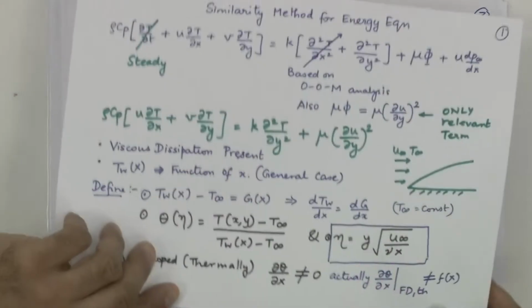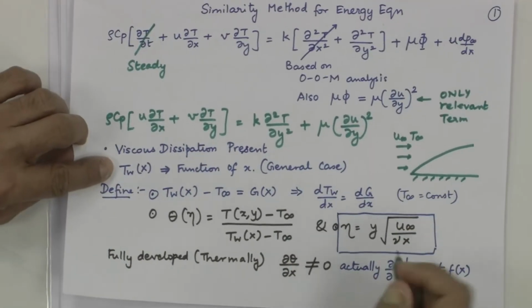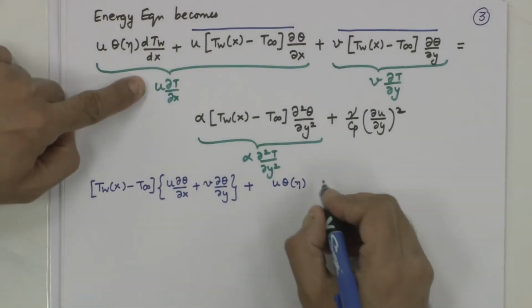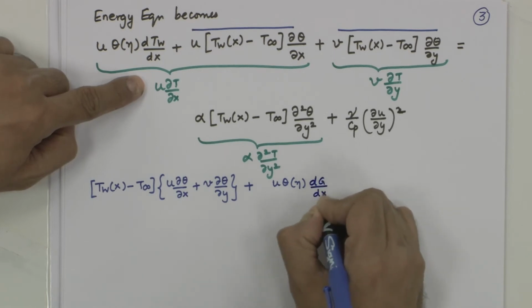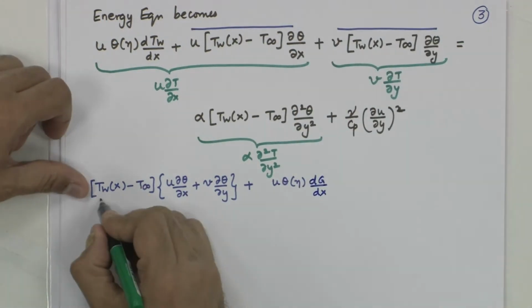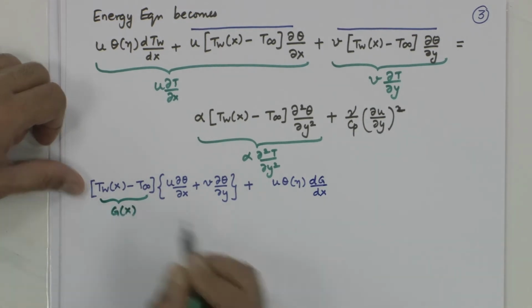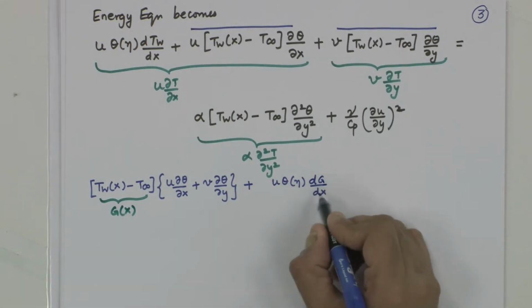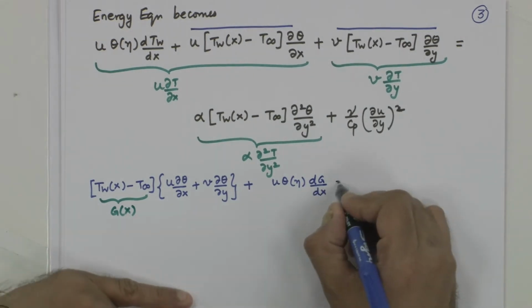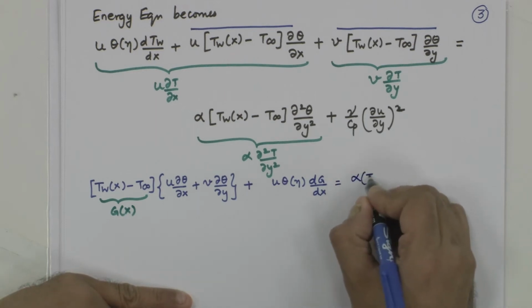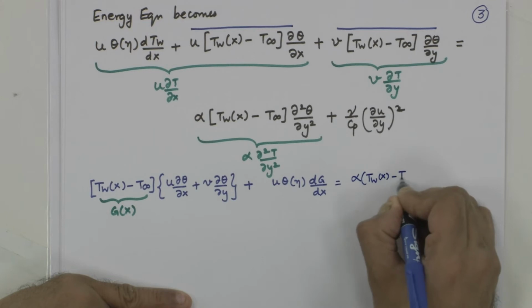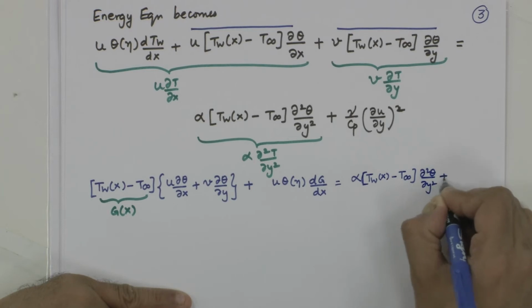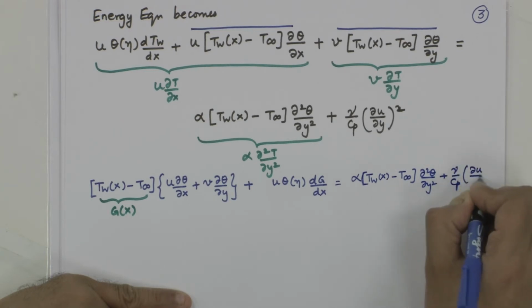Remember, we had the definition of dTw here. So dTw/dx is nothing but dg/dx, and this is g of x. So we'll substitute that also. So u theta eta dg/dx is equal to alpha (Tw of x minus T infinity) d squared theta/dy squared plus nu over Cp (du/dy) whole square.